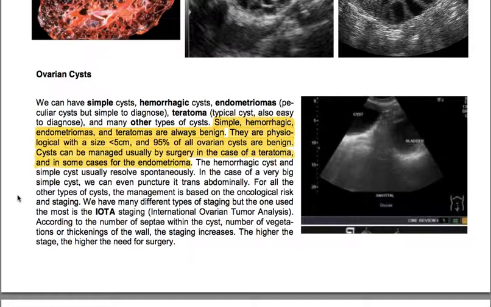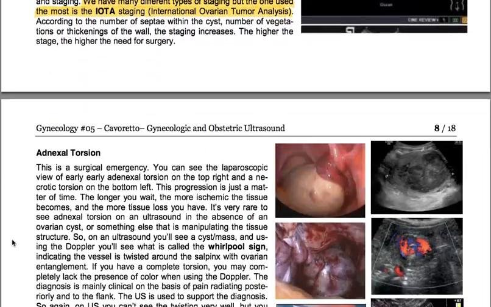We have many different types of staging, but the one used the most is the IOTA staging, International Ovarian Tumor Analysis. According to the number of septa within the cyst, number of vegetations or thickenings of the wall, the staging increases. The higher the stage, the higher the need for surgery.